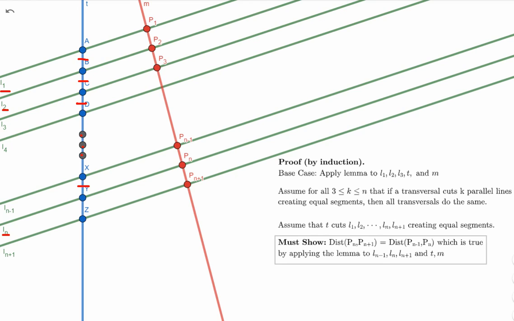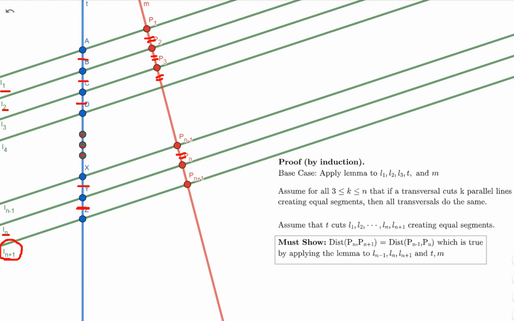Well, so we're going to assume that it was true, right? We know that these guys are congruent. All of these are congruent up through n, right? So I get this last one. But now we're assuming that it cut another parallel line, n plus 1 now. It cut the n plus first parallel line in such a way that this segment here between y and z is also congruent.